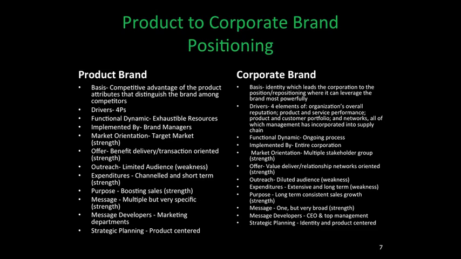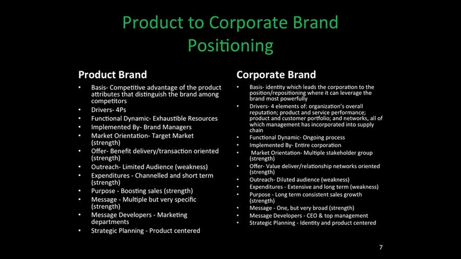The drivers from a product perspective are the 4 Ps; from a corporate perspective, four elements of the organisation overall: the reputation, the product and service performance, the customer portfolio networks, and the management incorporated into the supply chain. The functional dynamic is exhaustible resources from a product perspective, and from a corporate one it's very much an ongoing process.